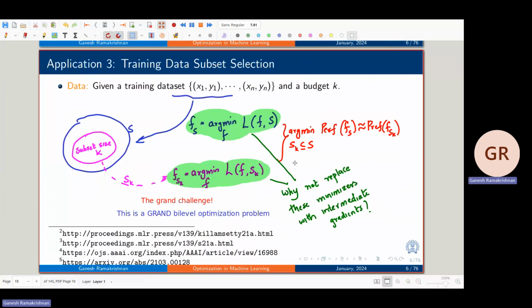Now you see it's a bi-level optimization. Why is the word bi-level used there? Anyone? What is bi-level here?